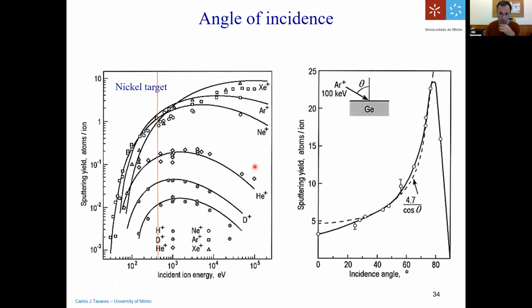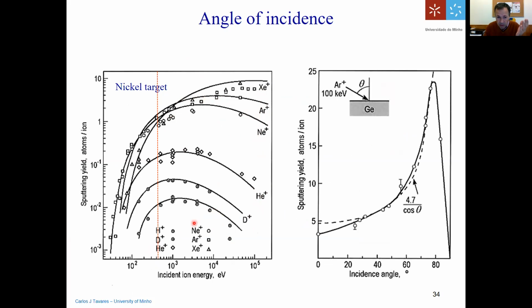For example, xenon gas is more expensive than argon, neon is more expensive. Helium gas is also more expensive than argon, and deuterium, which is an isotope of hydrogen, is also very expensive. And here I don't see krypton, but krypton gas is even more expensive.